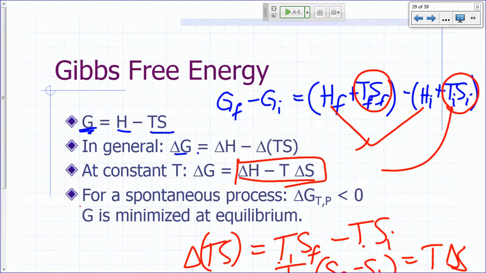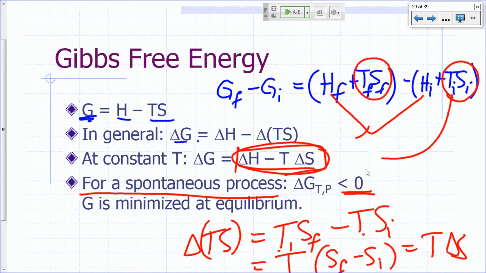So that means if you have a spontaneous process, delta G, which is this expression right here, must be negative. What does it mean when we say that delta G must be negative during a spontaneous process? That means it must be dropping, right? It must be decreasing as the process occurs.